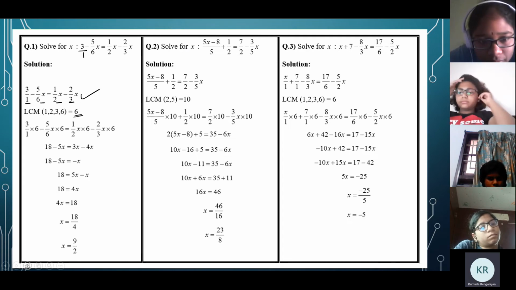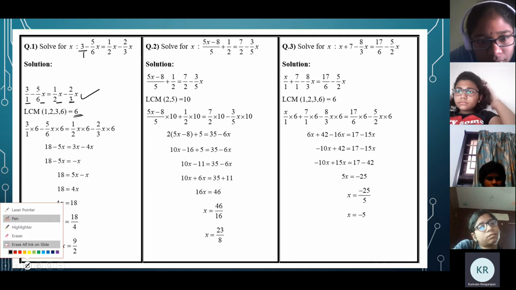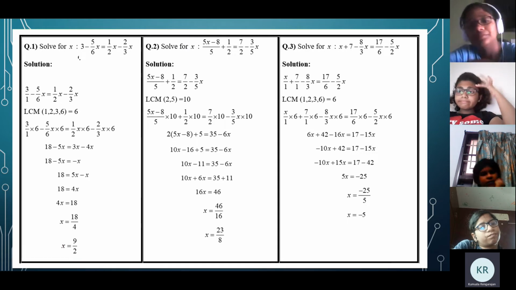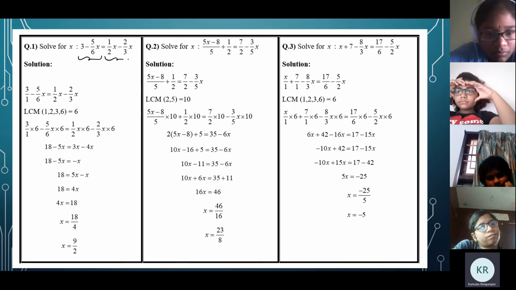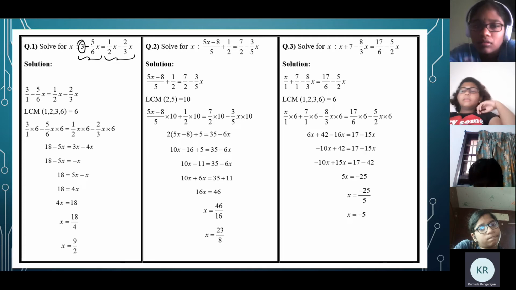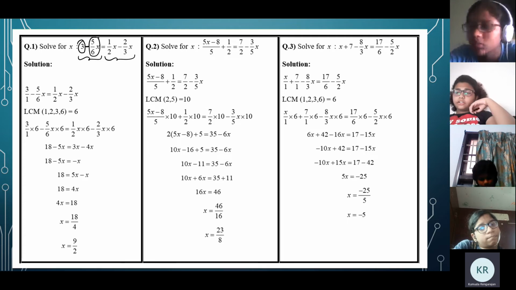Now this is an equation. We have 2 terms in the left hand side, 2 terms in the right hand side. Like 3 is a term, then minus 5 by 6x is a term, half x is a term, minus 2 by 3x is a term.